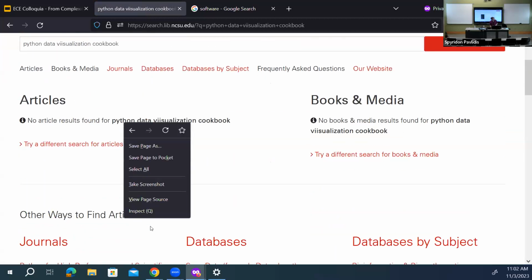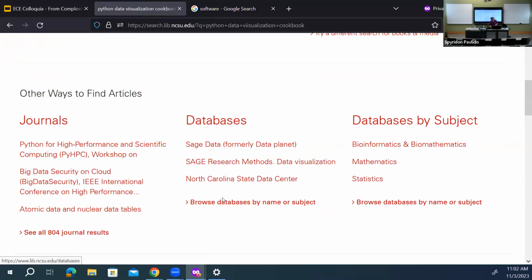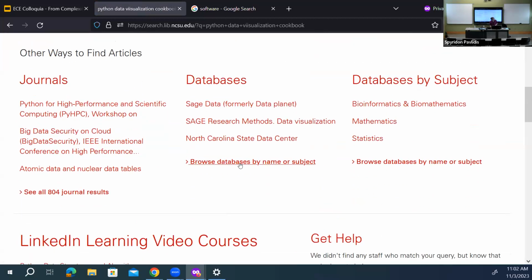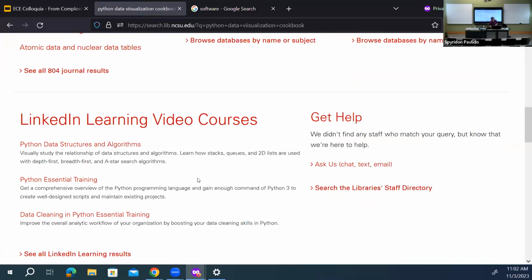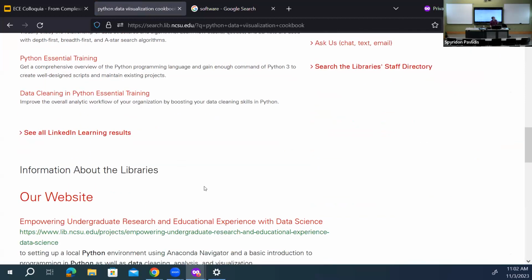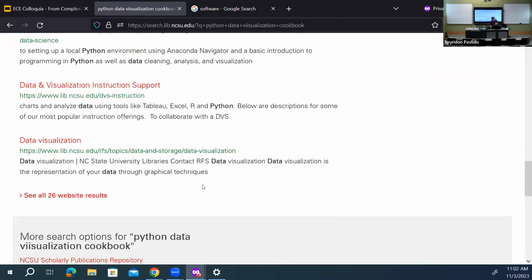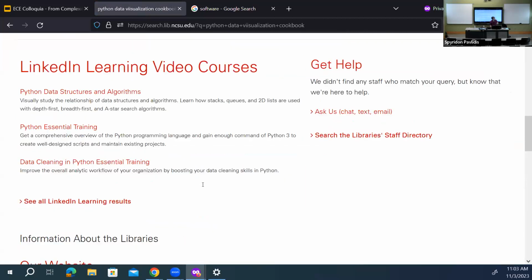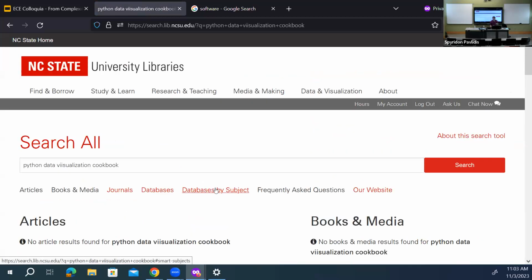No article results here, but as I keep scrolling down, something else might pop up. There's usually some LinkedIn Learning video courses. So these are pretty interesting, I'll say. There's a lot of LinkedIn Learning videos about specific data viz tools of varying degrees of helpfulness. And then as you scroll down, there's more search options, but workbook, cookbook are two keywords that you might want to use.